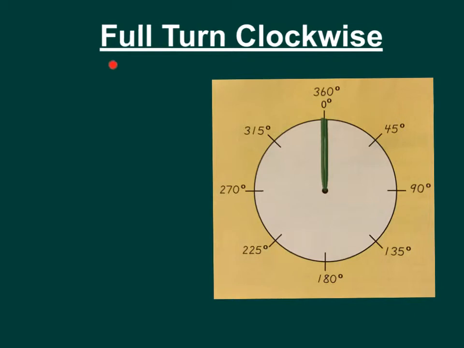Now let's try a full turn clockwise. If I were to move one of my rays a full turn around my circle, I would have moved that ray 360 degrees. Now you try. Pause video now.